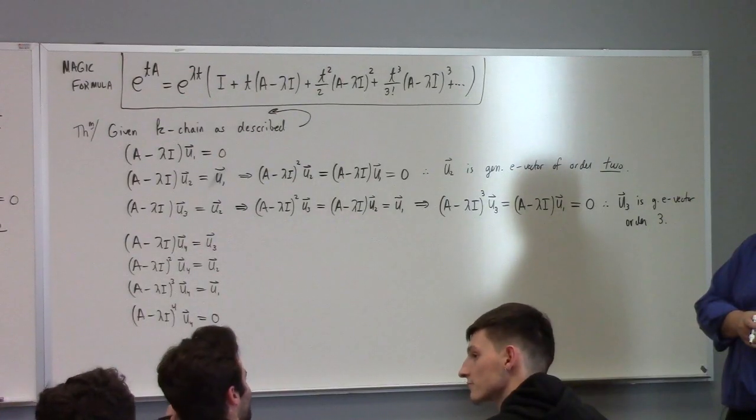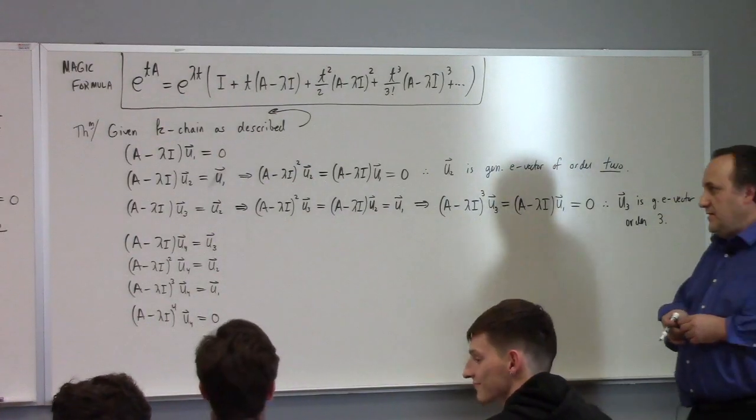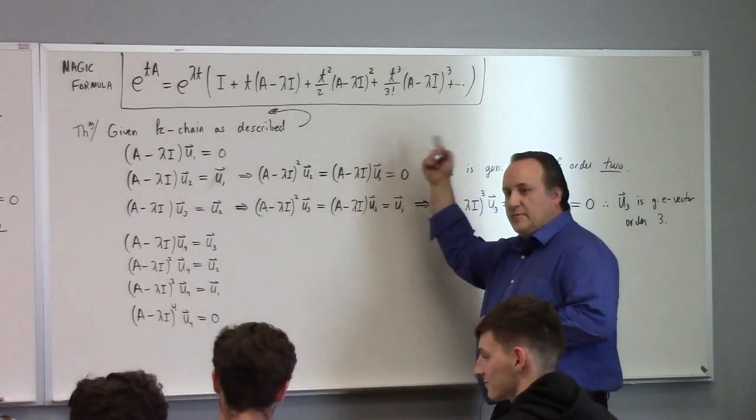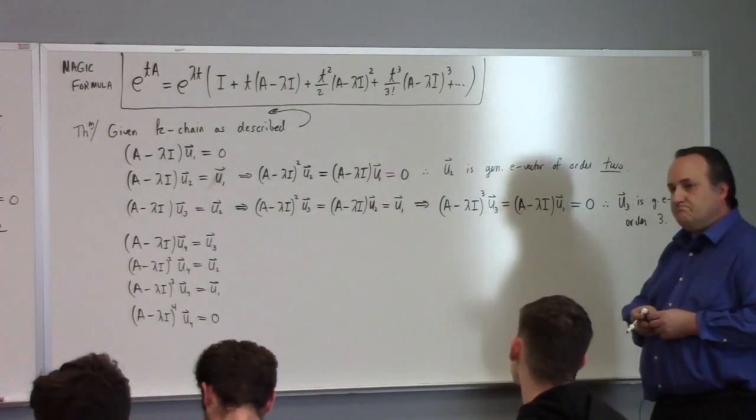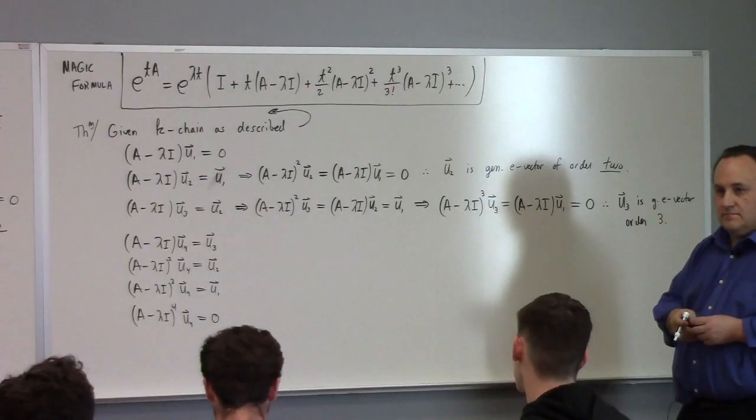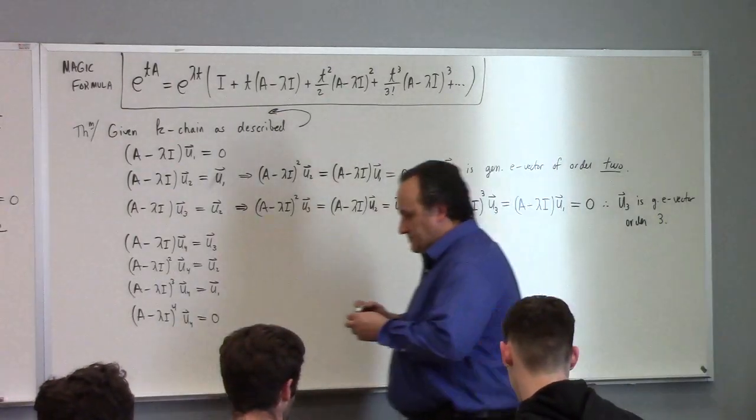So what happens then when we multiply the magic formula by a generalized eigenvector? Yeah? What happens then?